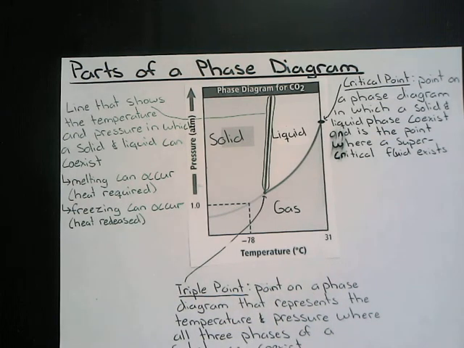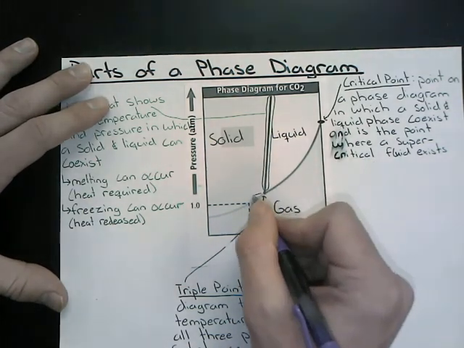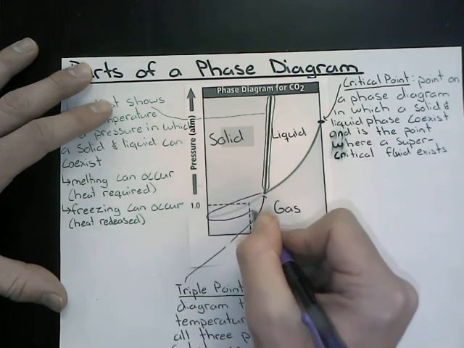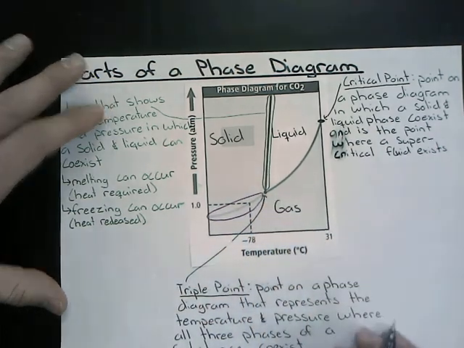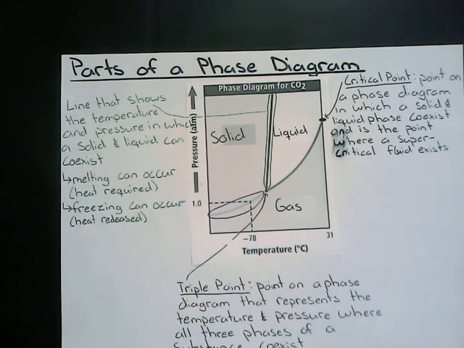Okay, so now I'm going to talk about our other 2 lines here, and I'm going to talk about this line here that separates our solid from our gas. And I'm going to circle this line in purple. Now, this purple line shows the temperature and pressure in which a solid and gas can coexist.